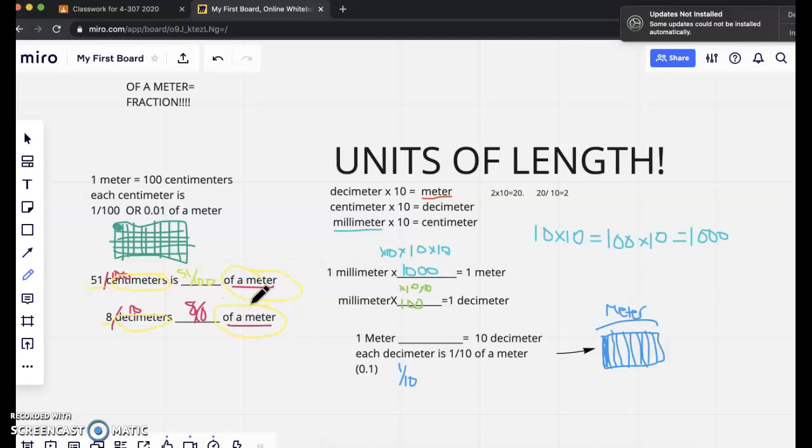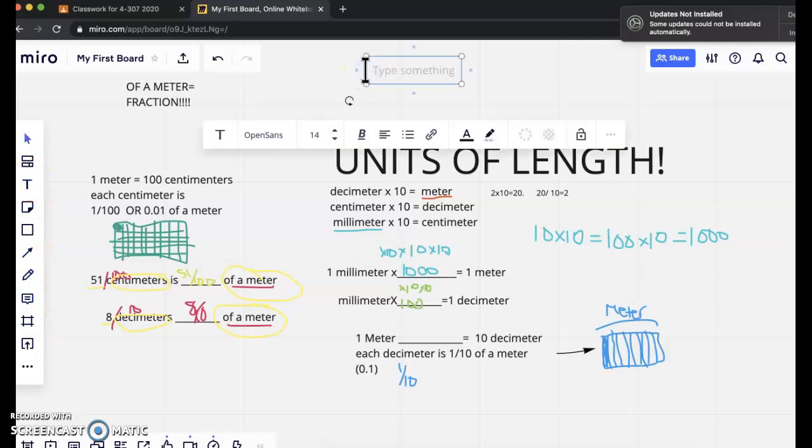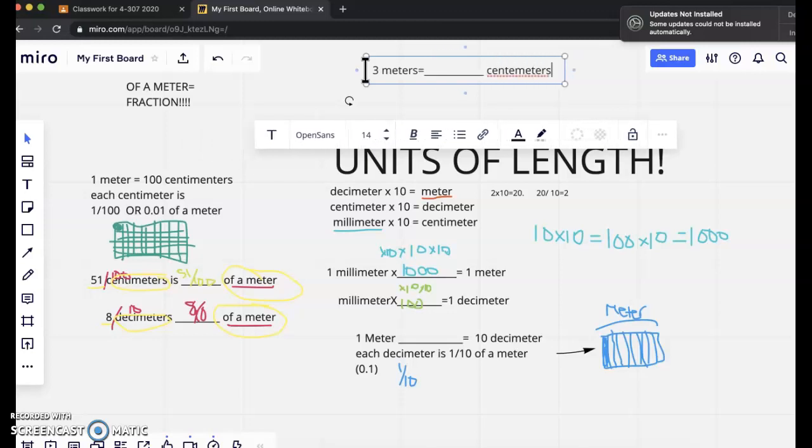If you don't see "of a meter" at the end, maybe you'll see something like this: 3 meters equals something centimeters.